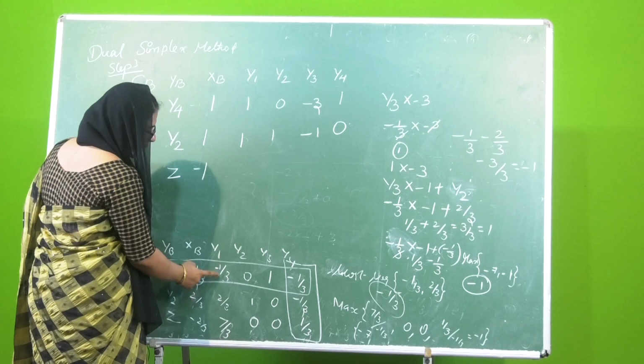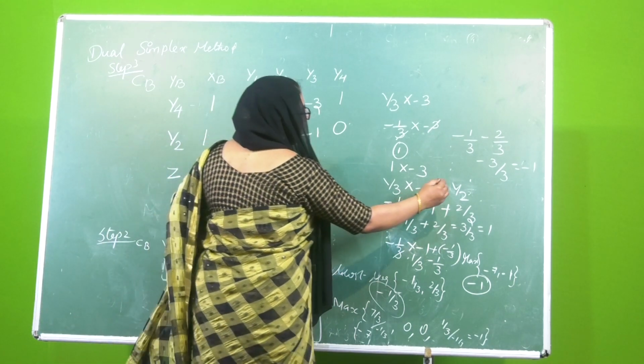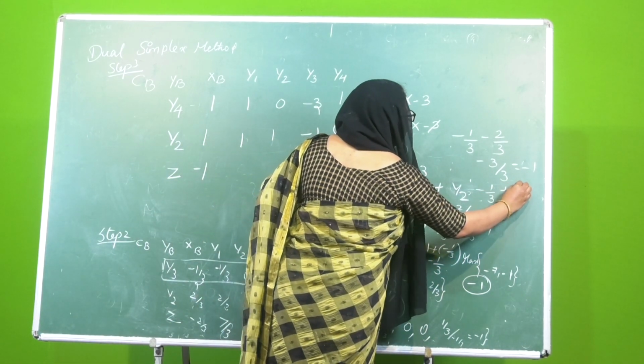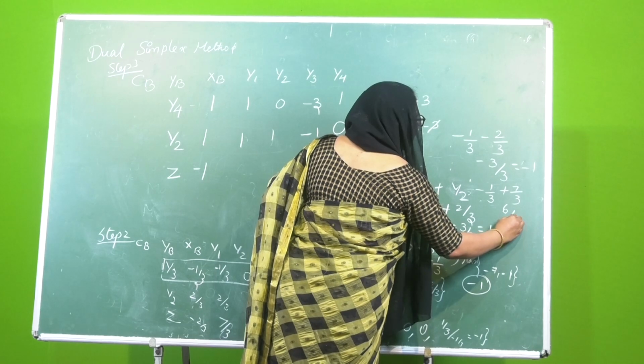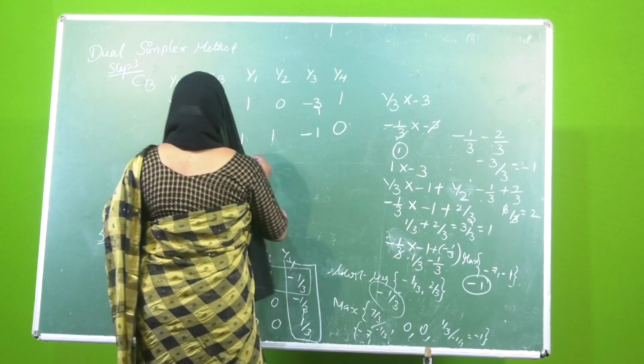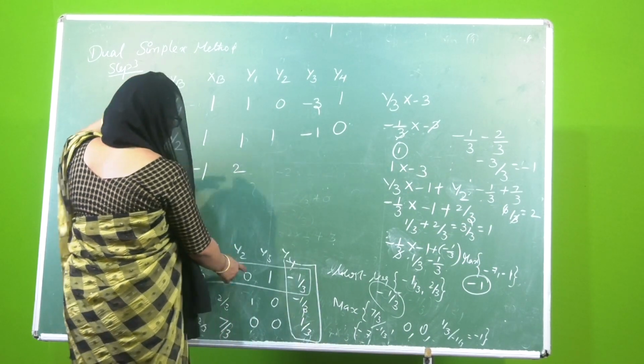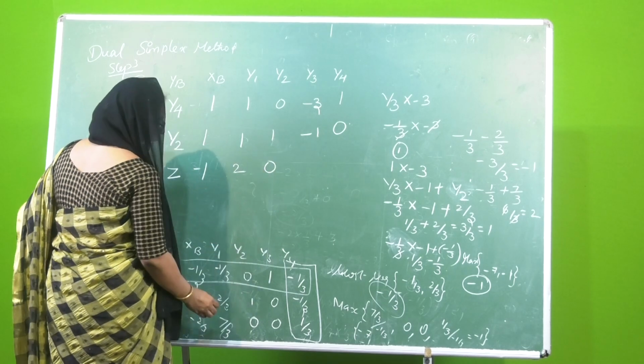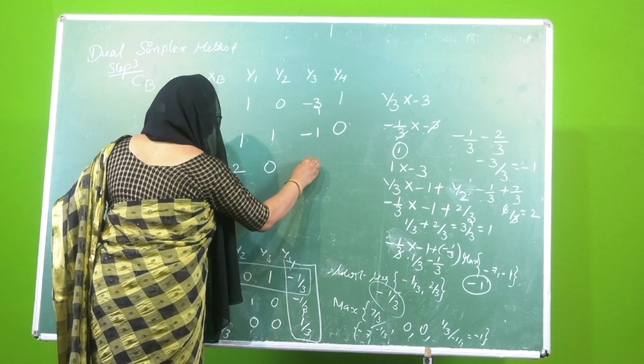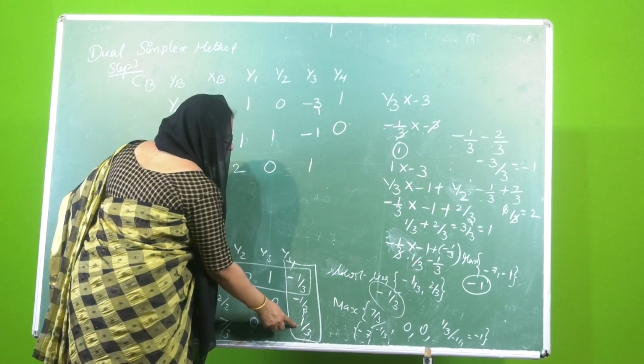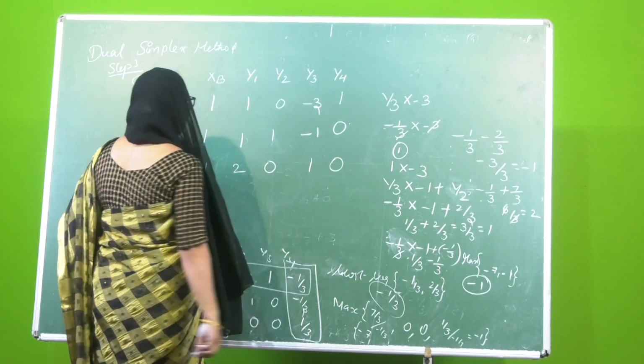So -1 by 3 plus 7 by 3 is 6 by 3, that is 2. 0 plus 0 is 0. 1 plus 0 is 1. -1 by 3 plus 1 by 3 gets 0.